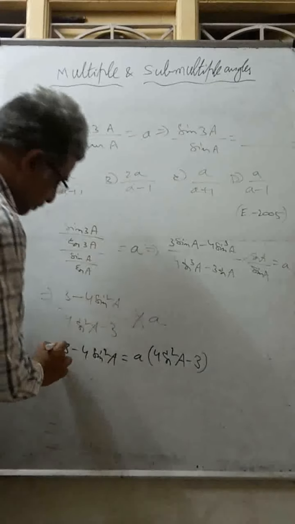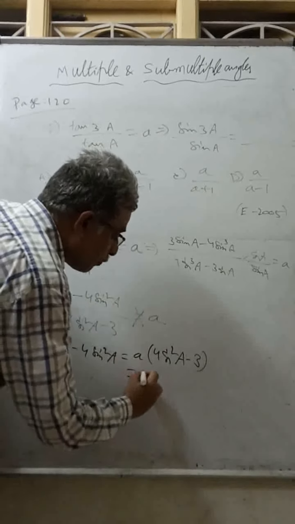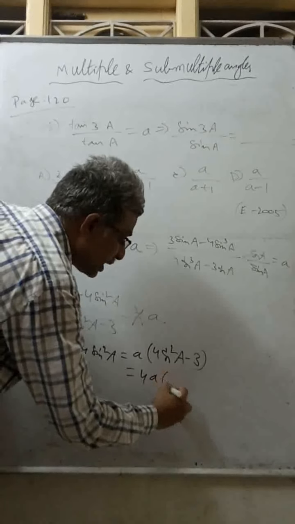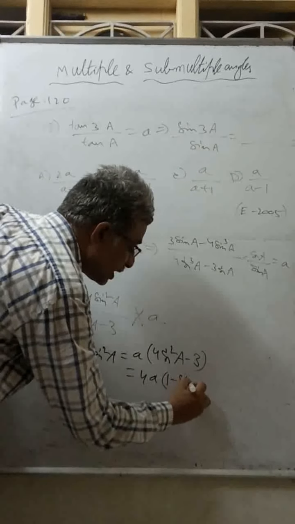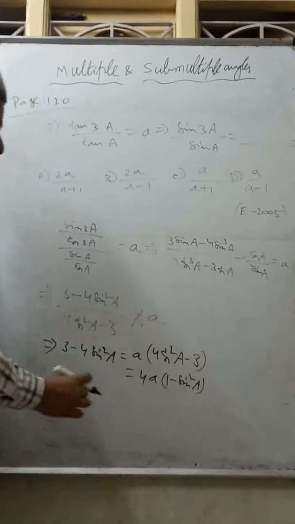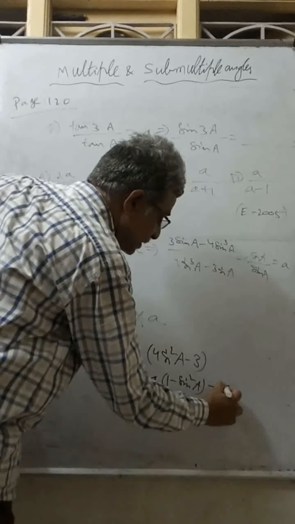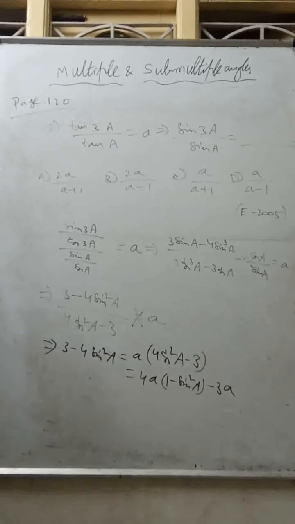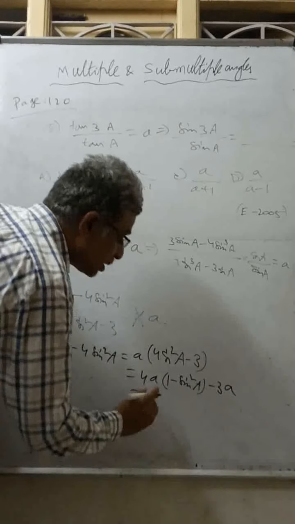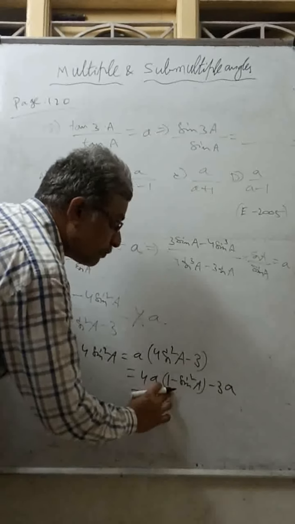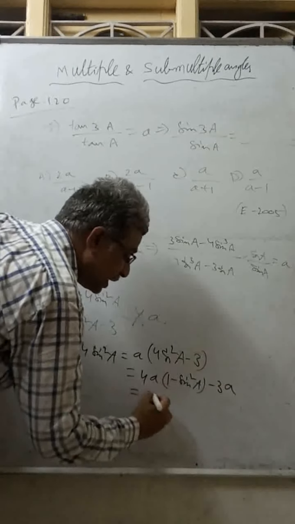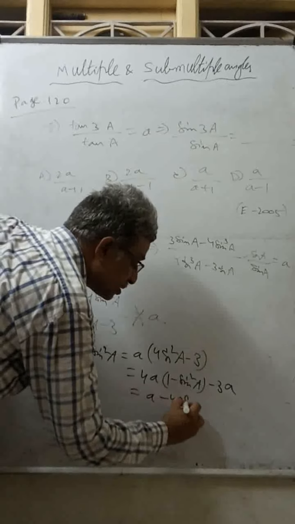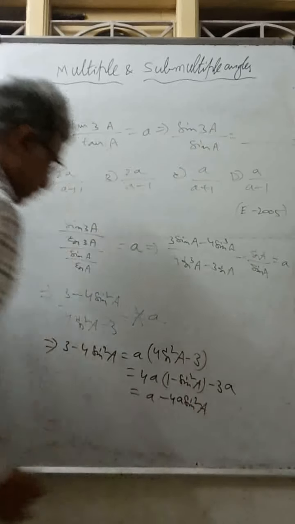So this becomes 4a into cos square A, which I will again write as 1 minus sin square A, because I need everything in terms of sin, minus 3a as it is. Now if I open the brackets, this is 4 into 1, 4a minus 3a becomes 1a, minus 4a sin square A.